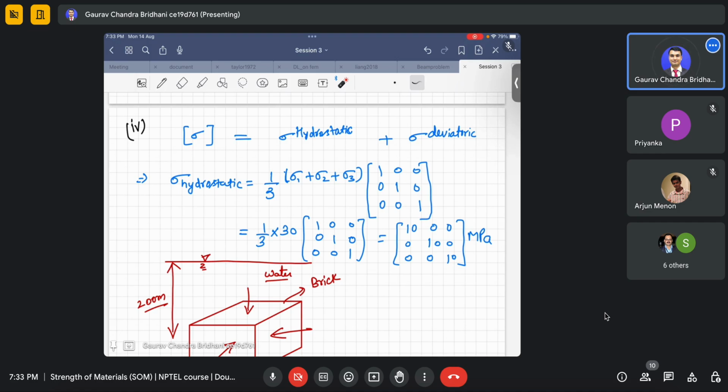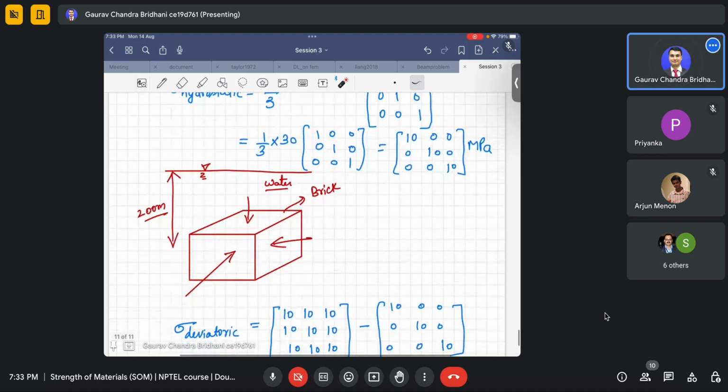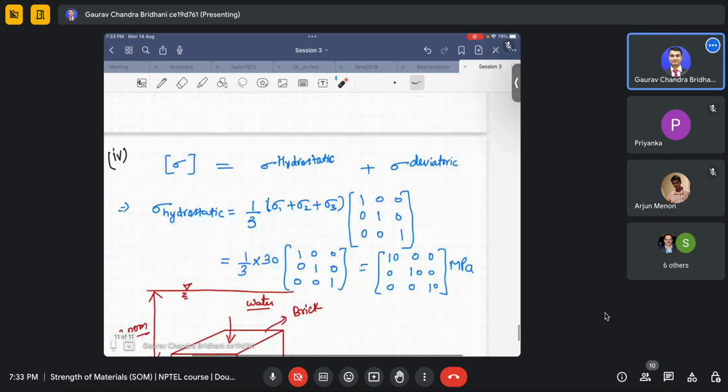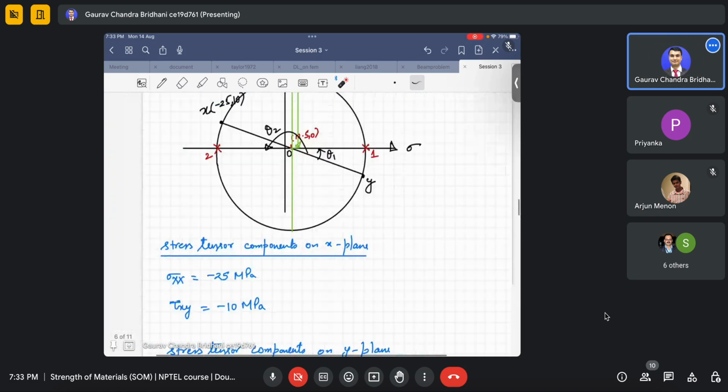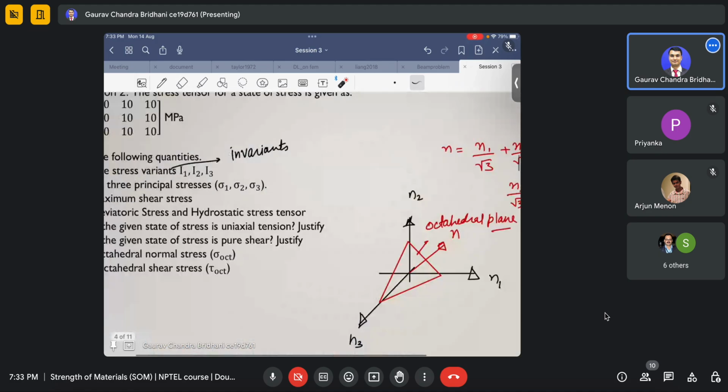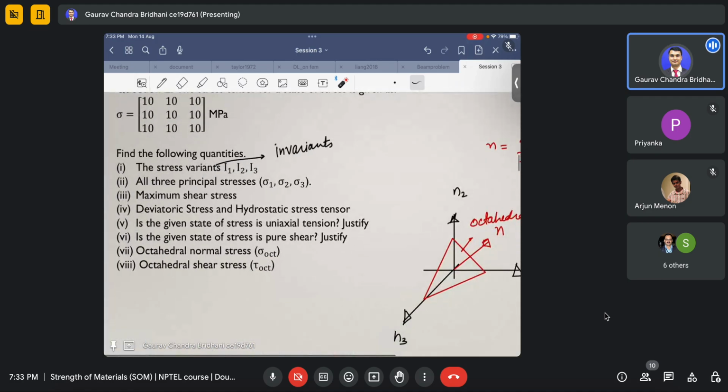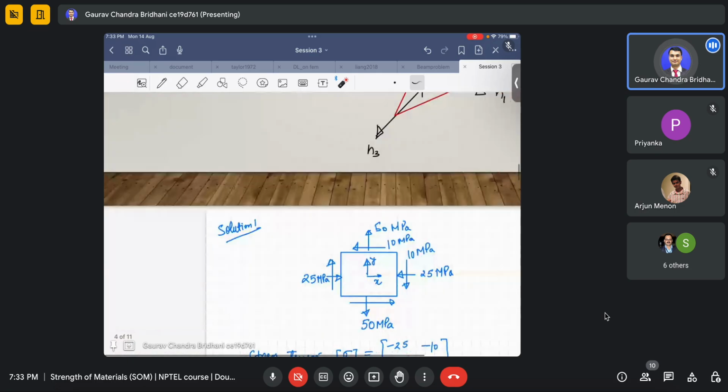Now the next part is: the given state of stress is uniaxial tension, justify. That's what we will see.